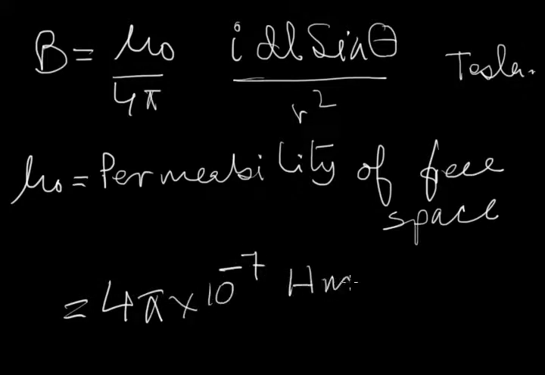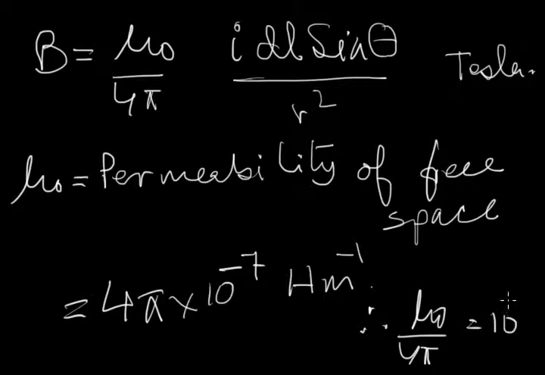So that is very important. The unit is Henry per meter. As you can see, the permeability has a value of 4 pi 10 to the power minus 7. So mu naught by 4 pi happens to be 10 to the power minus 7. This is very important for us, as we are going to replace mu naught by 4 pi repeatedly in problems. We can directly replace it by 10 to the power minus 7.